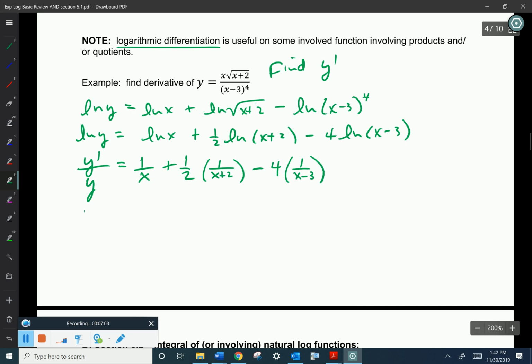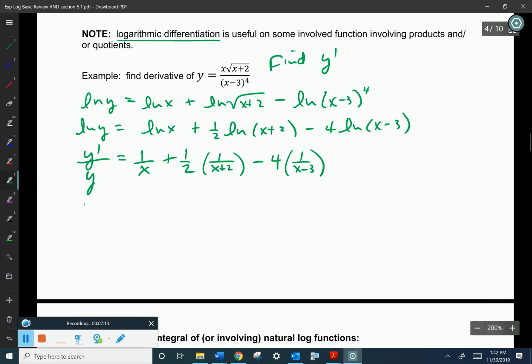So I'm going to multiply by y. So y prime is basically y times all of that, right? 1 over x. And for this, I'm just going to write this as 1 over 2 times x plus 2 minus 4 over x minus 3.